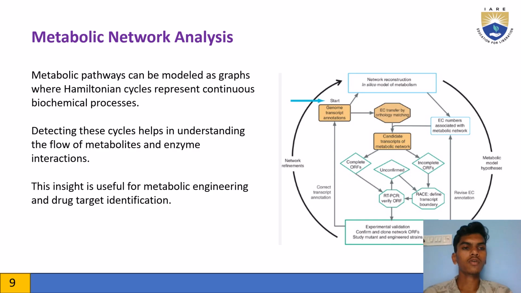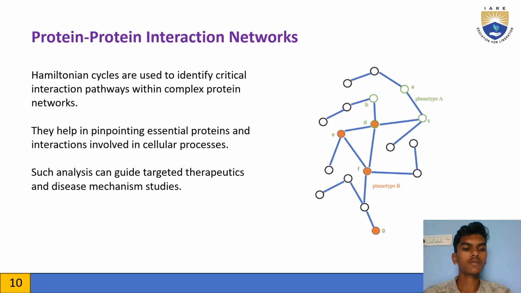And moving forward to our 10th slide, which is the protein-protein interaction network. This is the protein-protein interaction network, how it looks like. You can see the phenotype A and phenotype B and nodes and how they interact with each other. Hamiltonian cycles are used to identify critical interaction pathways within complex protein networks.